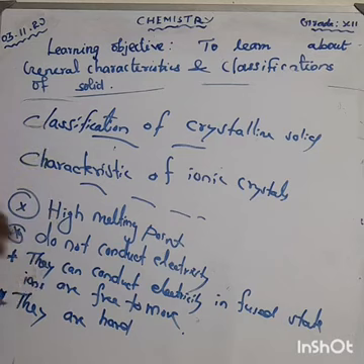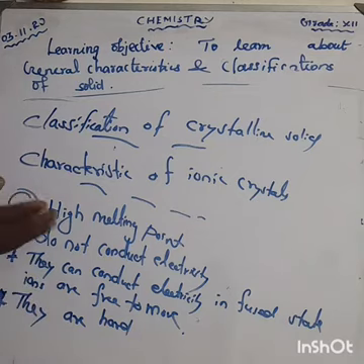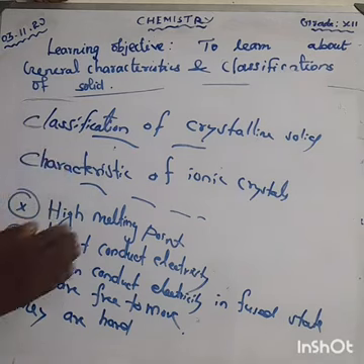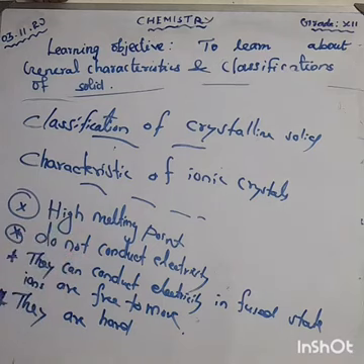Now the ions are free to move, so in this state it can easily conduct electricity. And also, they are very hard. These ionic crystals are hard, as only strong external force can change the relative positions of ions.